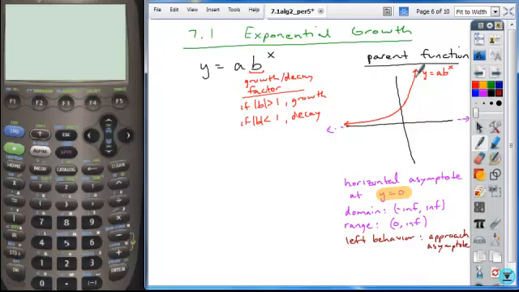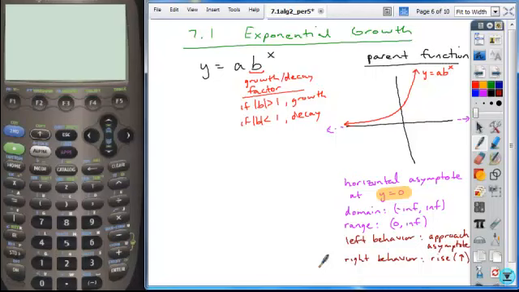If a portion of a graph, whether it rises or falls, gets closer and closer and never crosses an asymptote, that's what you describe for the behavior of the left or right side. If we're looking at the right side behavior of this graph, the graph is getting bigger and bigger, so it rises to the right, or it goes up to the right.